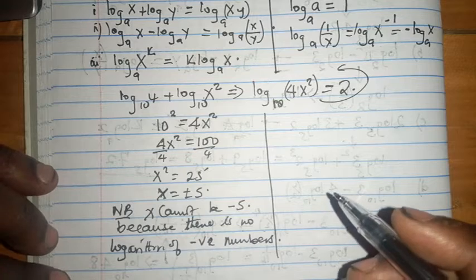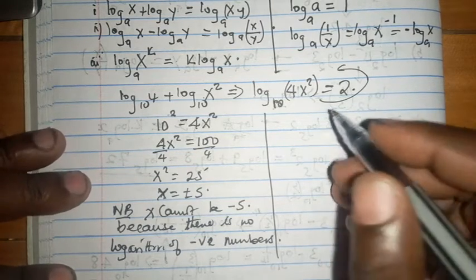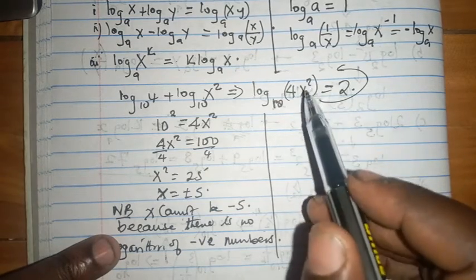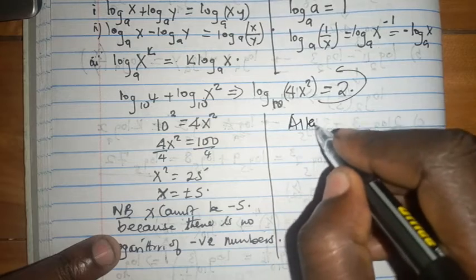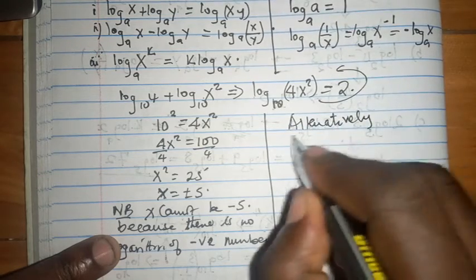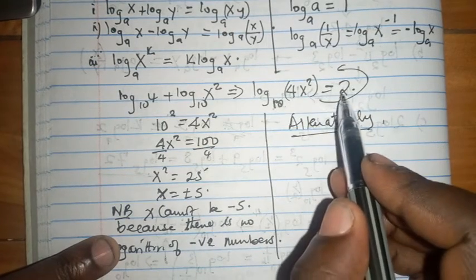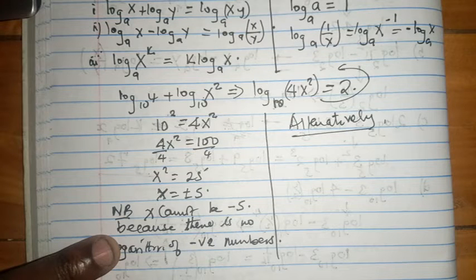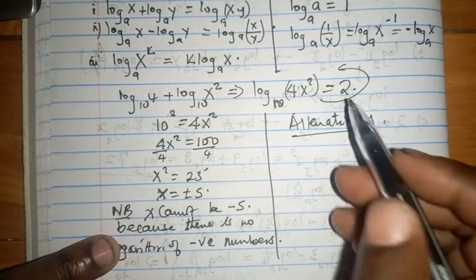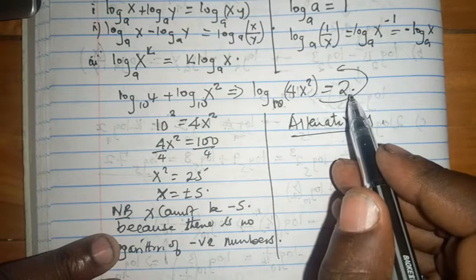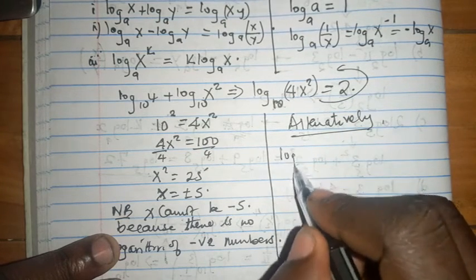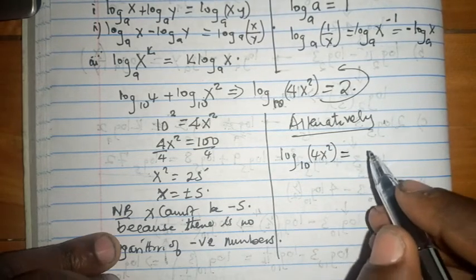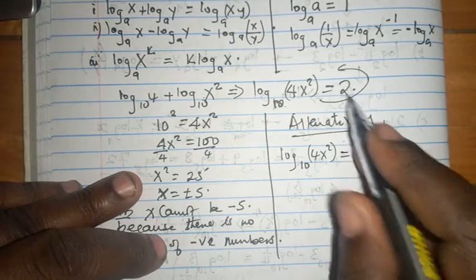And therefore, that is something else that surfaces itself. Alternatively, we could establish the logarithm to base 10 of the right hand side, and we know the logarithm to base 10 of 4x squared is equal to 2.